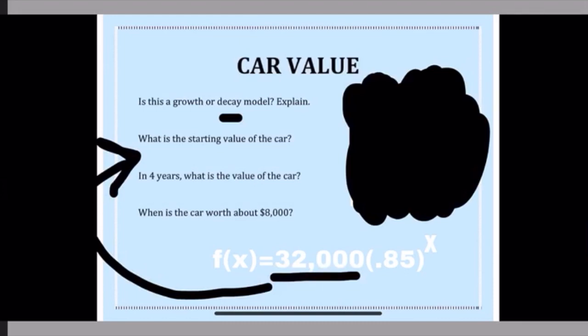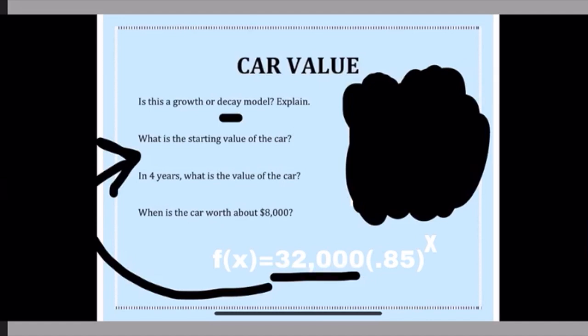Now, going on, when is the car worth about $8,000? Well, with an exponential equation, there are many different ways you could do it. One way is to plug it into a graph. You go to Desmos and plug it into the graph, and you can either make a T-chart or just go down the line to find about where $8,000 would be after so many years and mark it down.